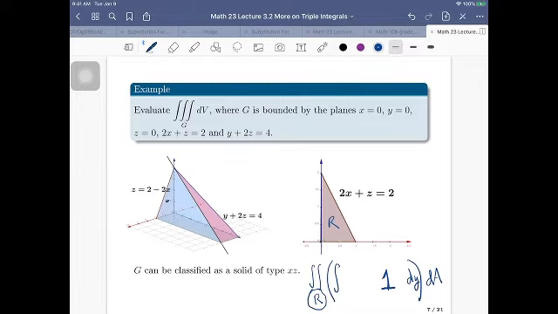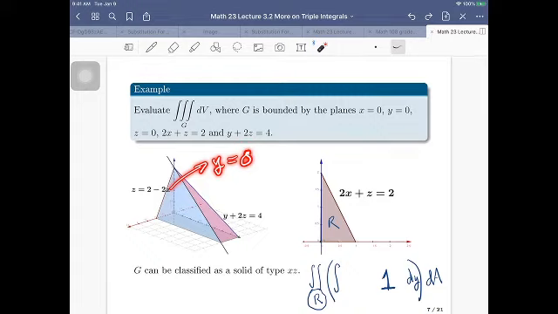So again, we look at a particular point on the xz plane and then try to find the surfaces that define the floor and the ceiling of the solid. So the floor is this, right? And the ceiling is this. Okay. So what is the equation of this surface? It is the surface of the xz plane, which is y equals 0.